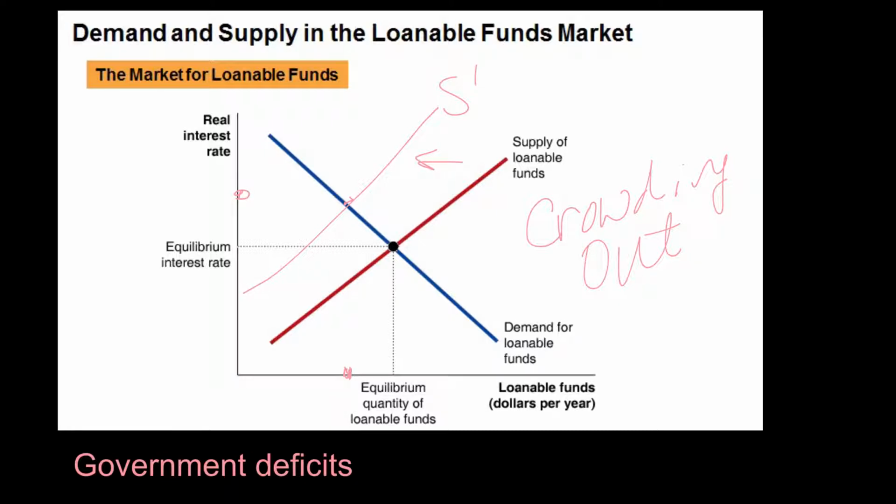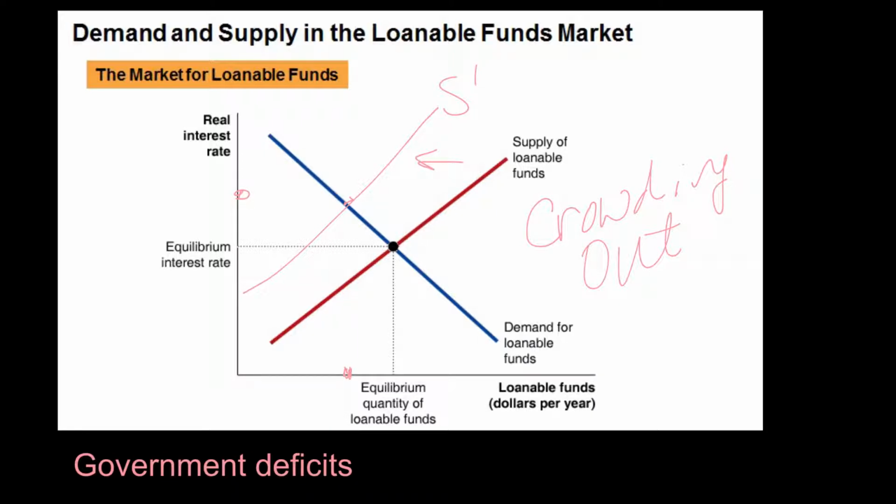At the same time, households are going to supply more loanable funds because you've increased the interest rate. So the quantity the households are willing to supply is higher and kind of needs to be higher to make up for what the government has taken by doing the deficit spending.